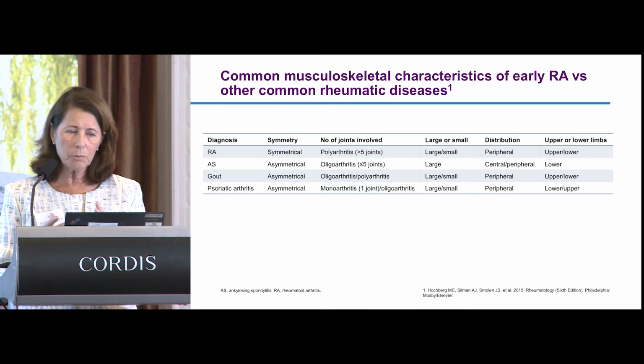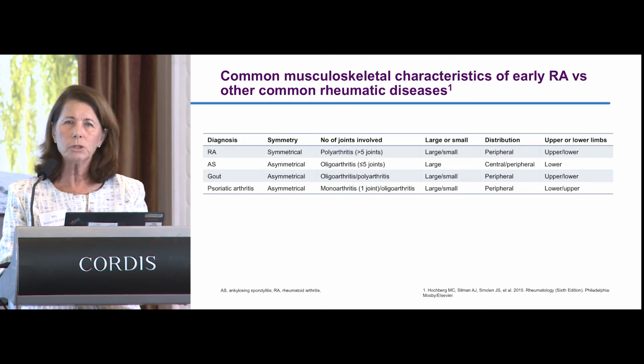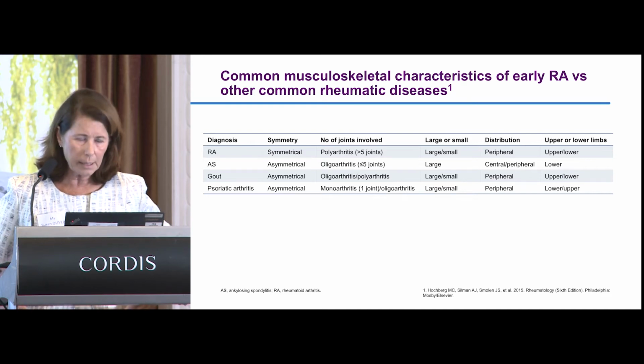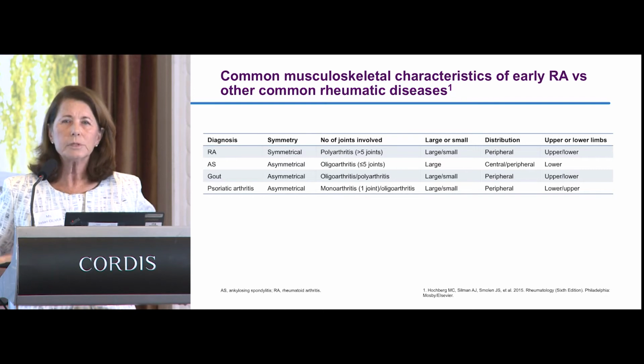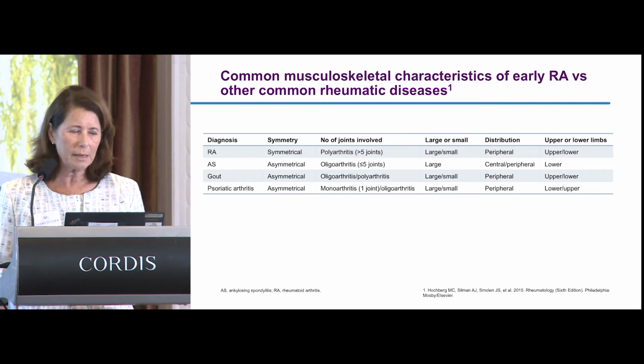In AS, you see much more of an oligoarthritis, that's 5 joints or less. Tends to be larger joints and tends to be more central presentation, so the spine, SI joints, and tends to be lower. So often the hips, the SI joints are painful, the spine's painful.